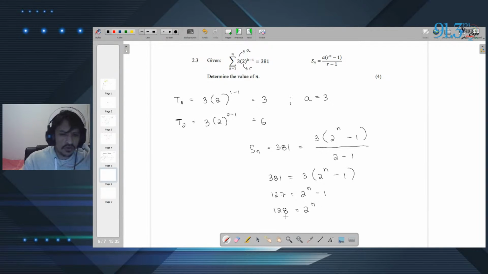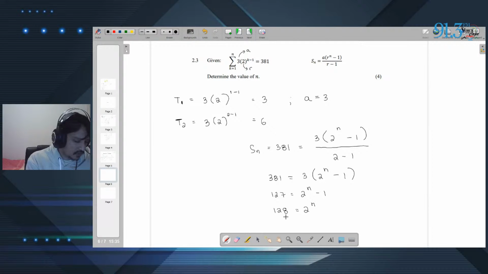And all you do here is see how many times 128 can divide by 2 over and over again. So 128 divided by 2 is 64, divided by 2 again is 32, divided by 2 again is 16, divided by 2 again is 8, and divided by 2 is 4, divided by 2 is 2, divided by 2.